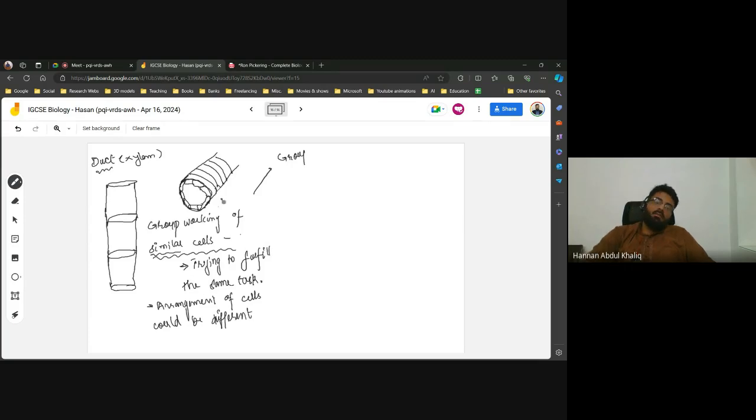Suppose this is a blood vessel I talked about. Now all the cells are arranged in this way. This is a muscle. Suppose that these lines I'm drawing, every line is one cell. Now see, the arrangement of cells is totally different for muscles.